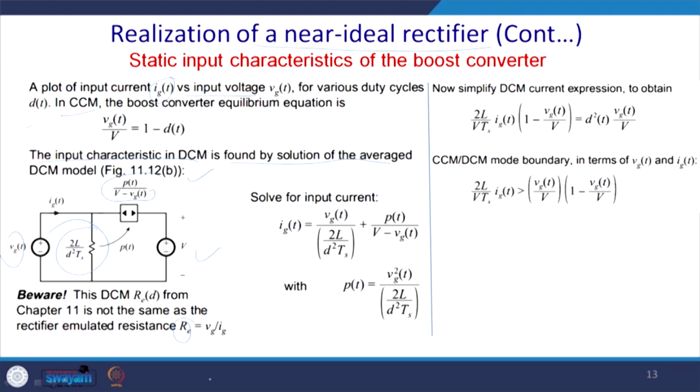So, now simplify this DCM expression to obtain 2L by Vts times Ig(t) times 1 minus Vg by V equal to d squared Vg by V. Thus, the DCM boundary in terms of Vg and Ig will be 2L by Vts times Ig(t) equal to or greater than Vg by V times 1 minus Vg by V. This will be the total expression in case of discontinuous conduction mode.